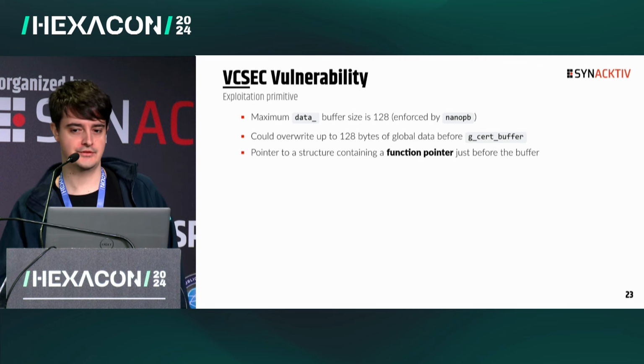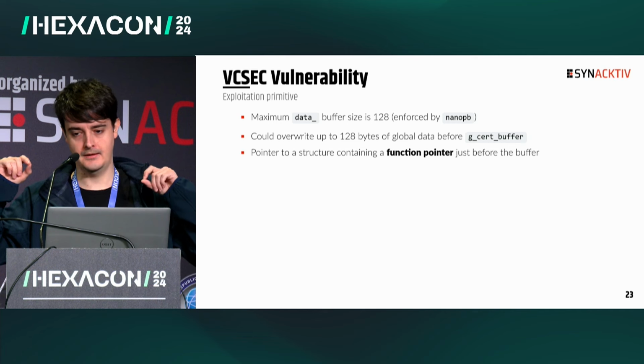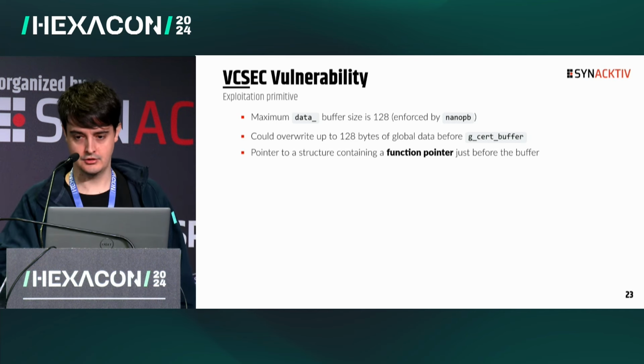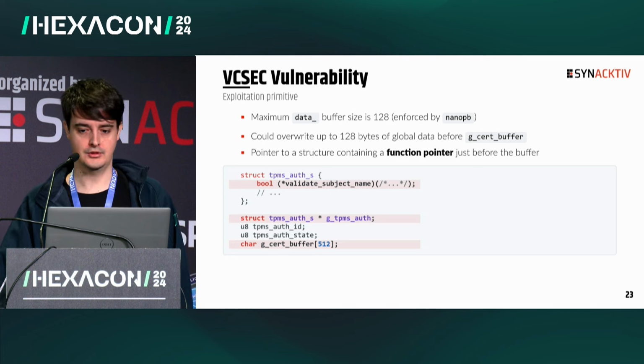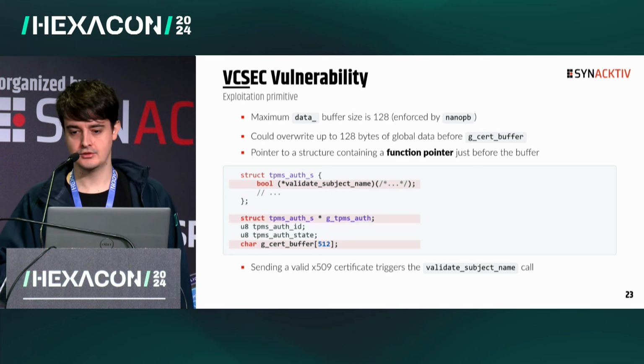Fortunately for us, there is a pointer just before, a structure pointer pointing to a structure that has a function pointer. This function pointer is used when you send a valid X509 certificate. So just by overwriting this, we can probably get code execution.